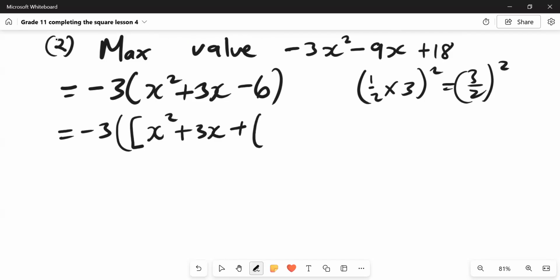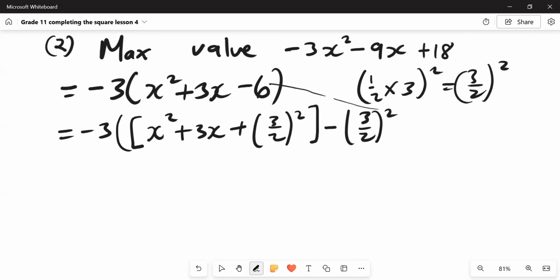Now we introduce plus 3 over 2 all squared. Close the bracket there. And then we have to subtract on the other hand, that's 3 over 2 all squared. Don't forget to take out that negative 6, right? So you'll have your minus 6 there. And then close your bracket. And then from here, you have your minus 3.